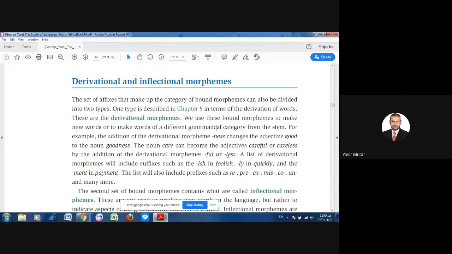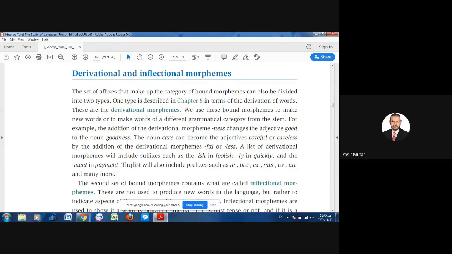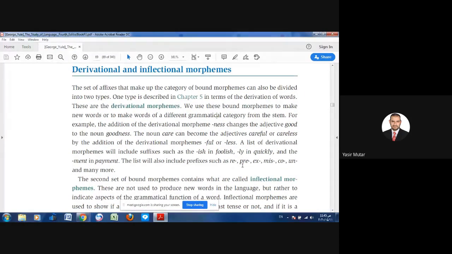For example, careful, careless. Care is a noun. Careful will be an adjective. Or careless, an adjective. And we have a very small list here of prefixes, for example, pre or re.